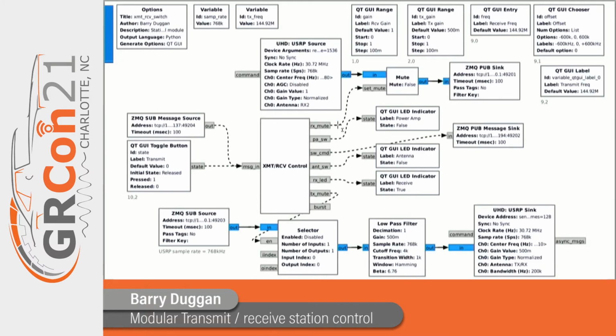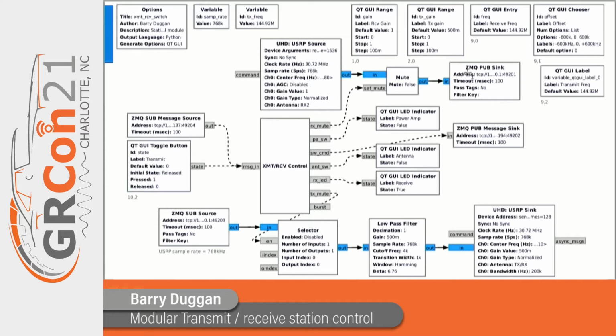So now let's see how that looks on the flow graph for the transmit receive module. I'll trace those same stream paths. The receive side USRP source goes through a mute block and to a pub sink.